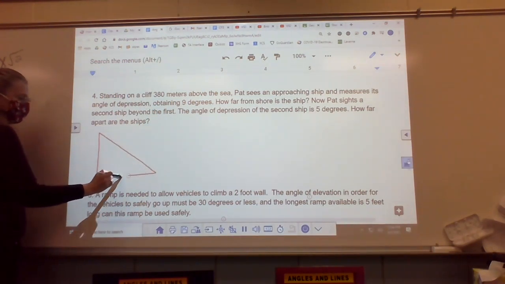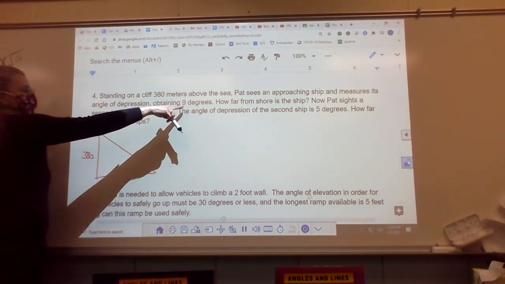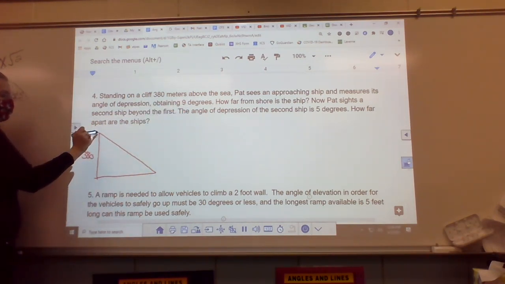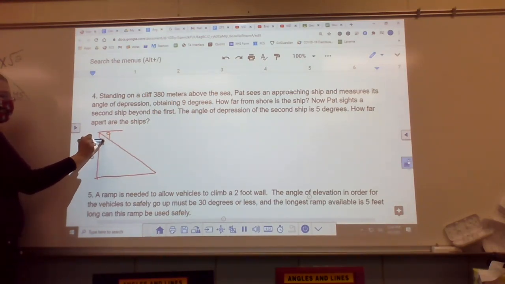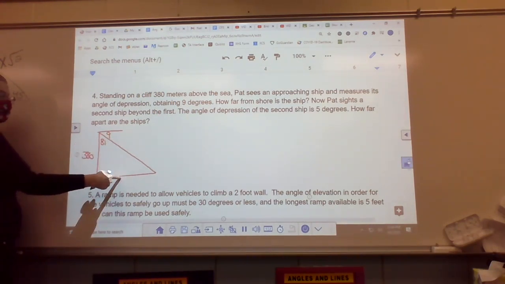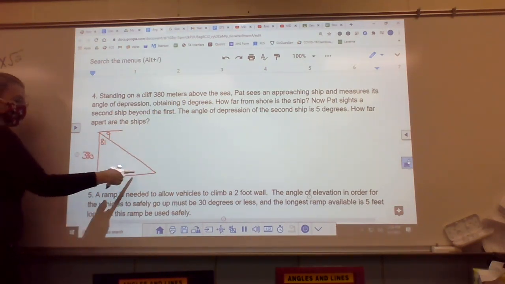So my cliff is 380 this time. I'm going to make my triangle. My cliff is 380. First, it says I have a 9-degree depression. So that's 9 here. So that means I've got to subtract from 90, so I'm actually using 81. And then this is what I'm looking for: how far out the ship is on the sea.